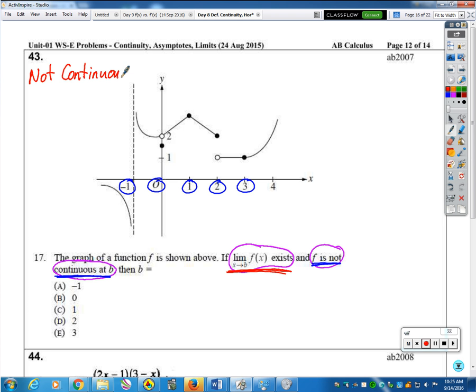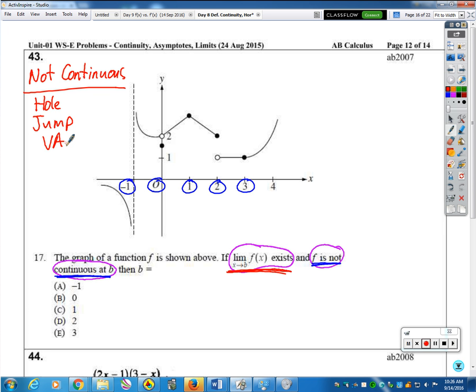So Ellie correctly said we're looking for a place where there's a hole, jump, vertical asymptote. Somebody jump in and help. Sarah. It's not going to be a jump or a vertical asymptote because it says that it's continuous. I asked the question poorly, so that was my bad.